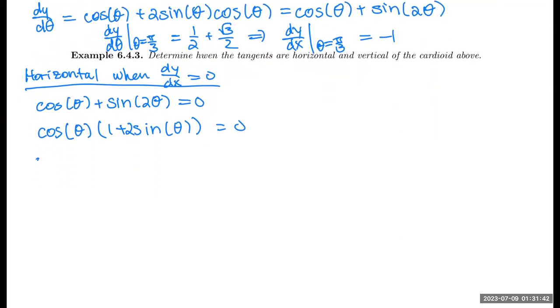We have cos theta equal to 0, which means theta can either be pi over 2 or 3 pi over 2. But we're not going to take the latter, because that is actually going to be a cusp here. So it's just going to be pi over 2.